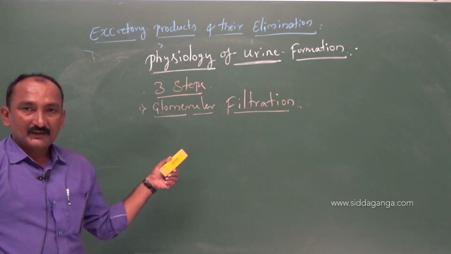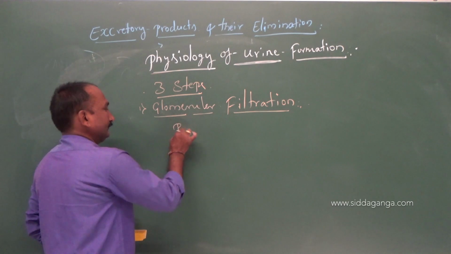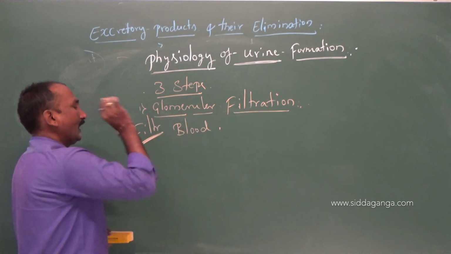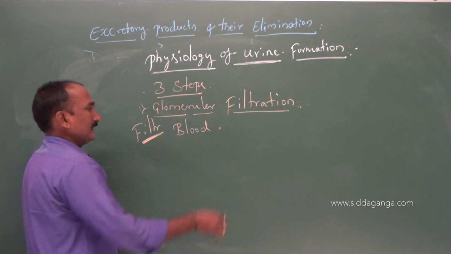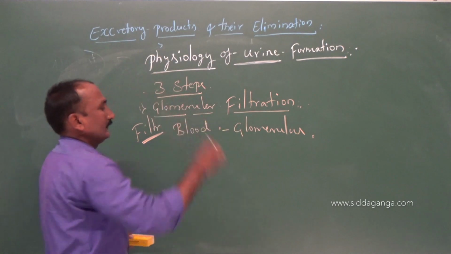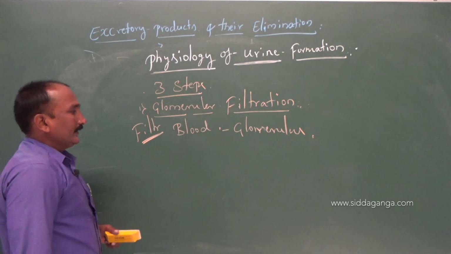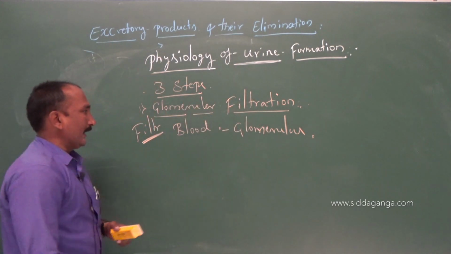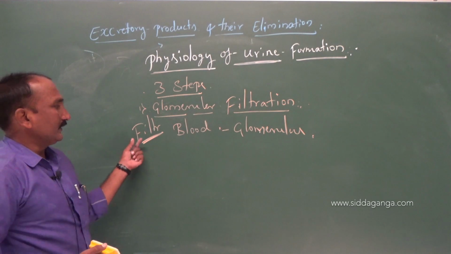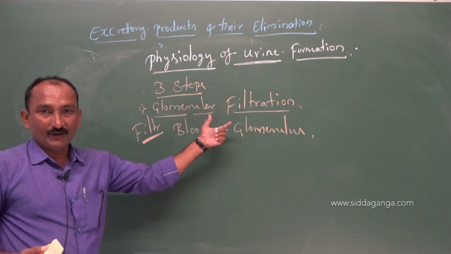The name itself indicates it: the filtration of the blood from the glomerulus is known as glomerular filtration. What is glomerular filtration? It is the filtration of the blood from the glomerulus.